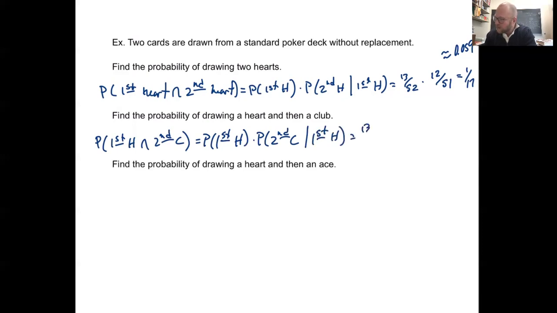The first one was a heart. We've already done that, 13 out of 52. Now the second one being a club, given the first one was a heart. That means that we still have 13 chances here because we didn't take away any clubs, and that's out of 51.